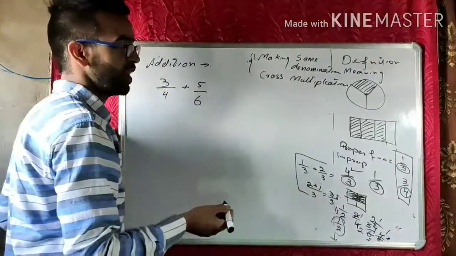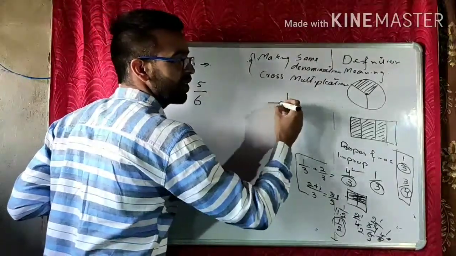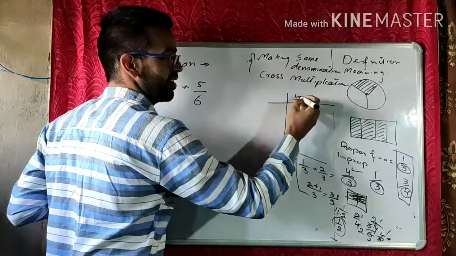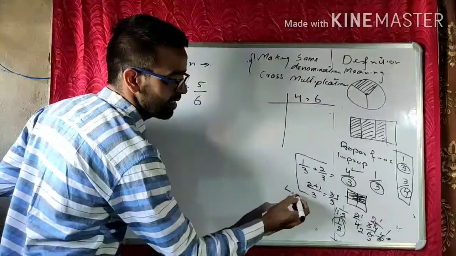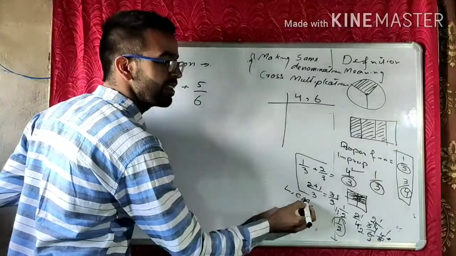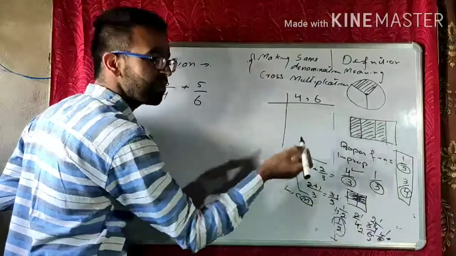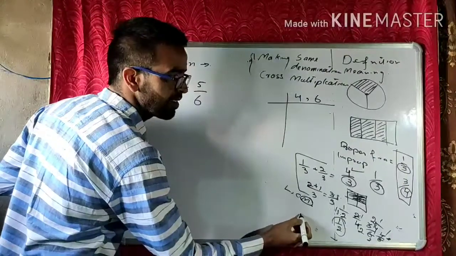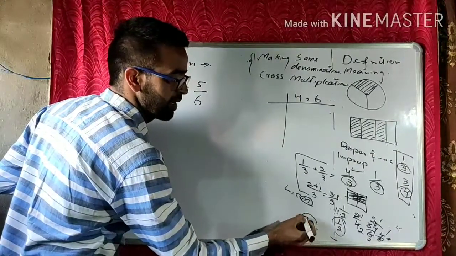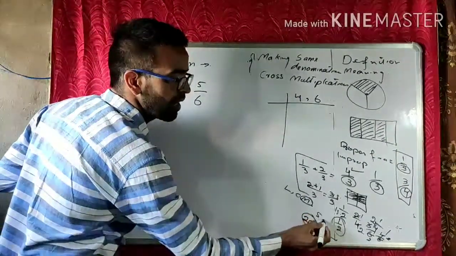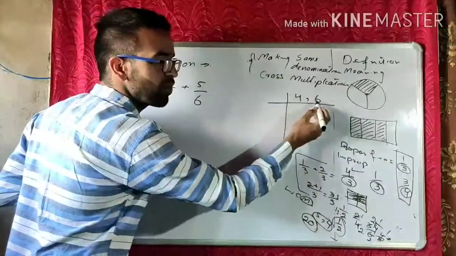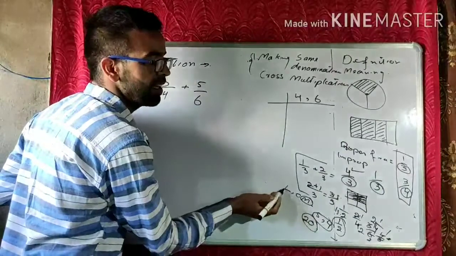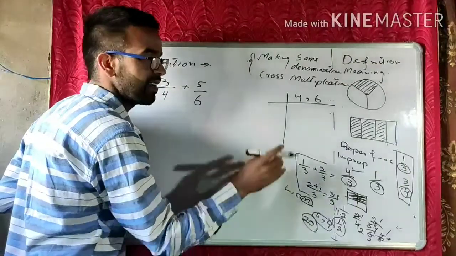For that we take the LCM. LCM is a multiple, some number. For example, 20 is a multiple of 5 and 4 also. Similarly, we will take a number that is a multiple of both 4 and 6, but it should be the lowest.